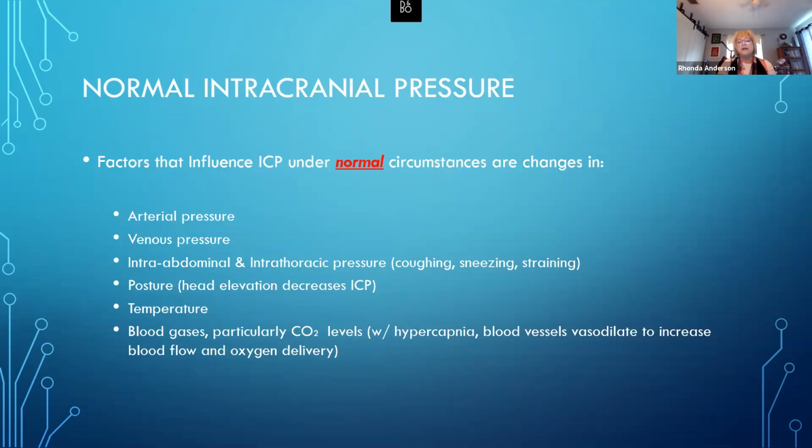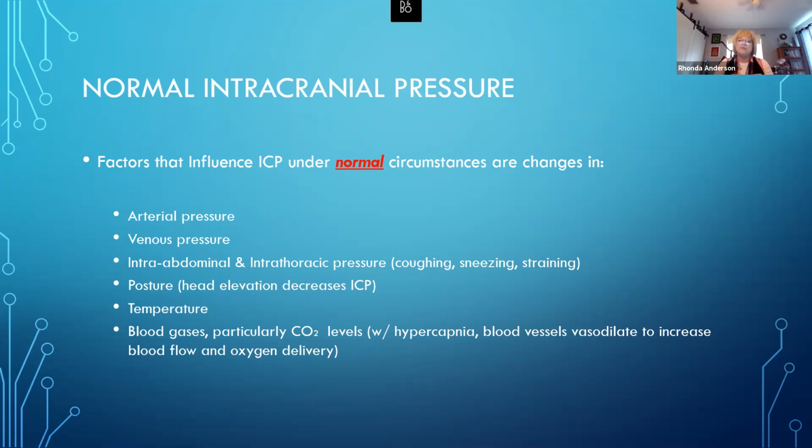So factors that influence ICP under normal circumstances: any change in your arterial or venous pressure. As long as your mean arterial pressure stays between 70 and 150 millimeters of mercury, the arteries and the veins will vasodilate or vasoconstrict depending on how much blood flow we need through the brain at that particular time.